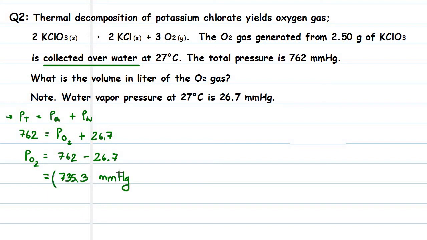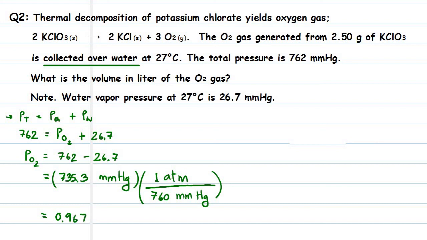And to convert that to atm, we can write down 1 atm over 760 mmHg, and that should give us 0.9675 atm.